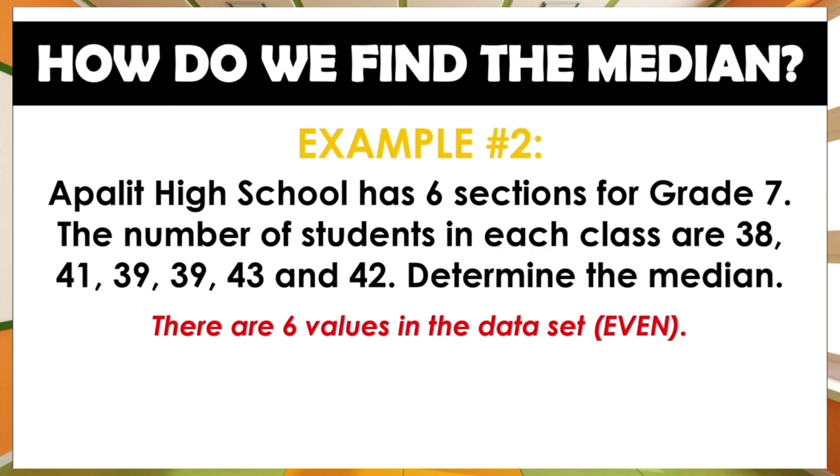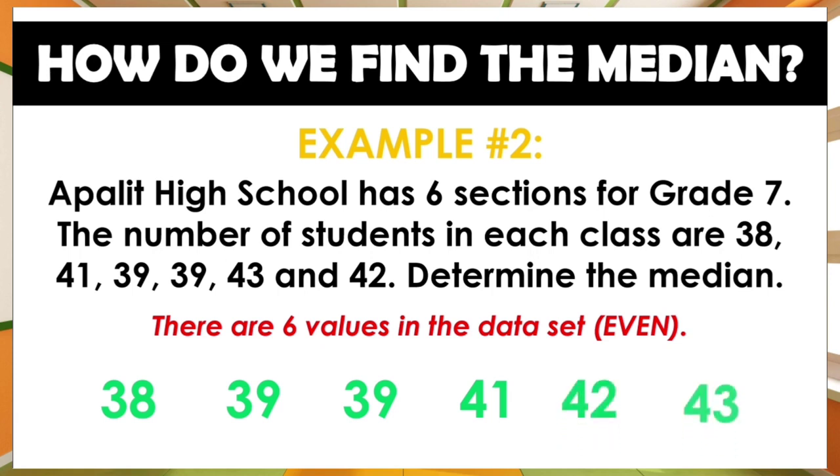From lowest to highest, we have 38, 39, 39, 41, 42, and 43. As you can see, the two middle values are 39 and 41. These are not yet the final answer. If we have two middle values, we should get the average of the two values to obtain the actual median.